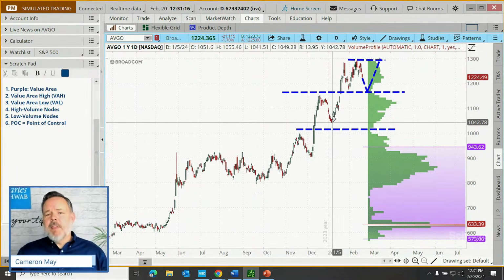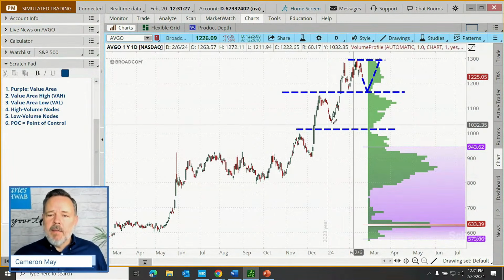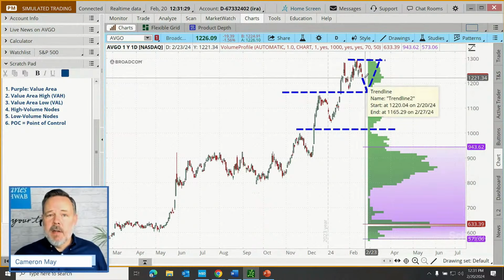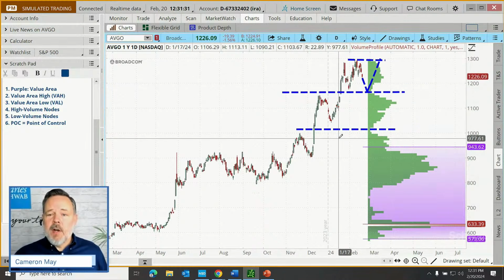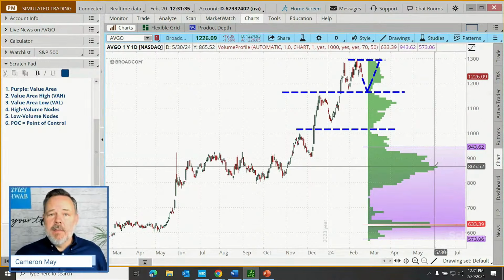But what I would suggest with anyone who's learning a new indicator is to bring it up on a series of charts and apply one set of logic to it. Let's see: do the low node areas seem to act as support and resistance areas? Or for this chart, as I'm looking at it, do the high node areas tend to act as support and resistance? And see how it works, right?